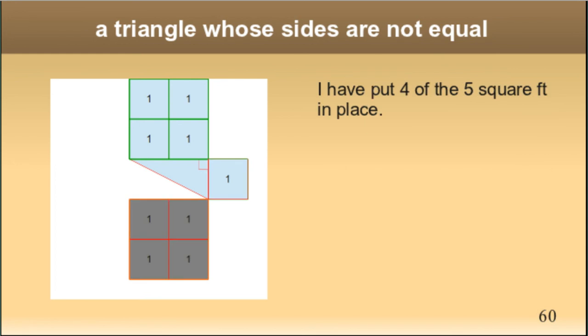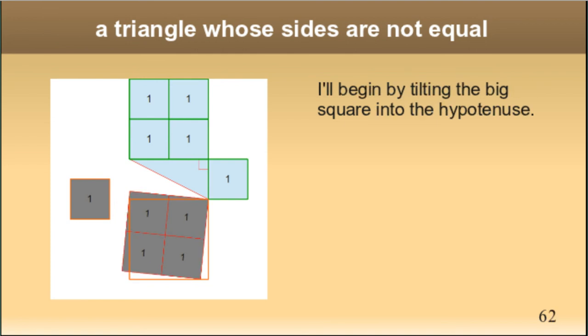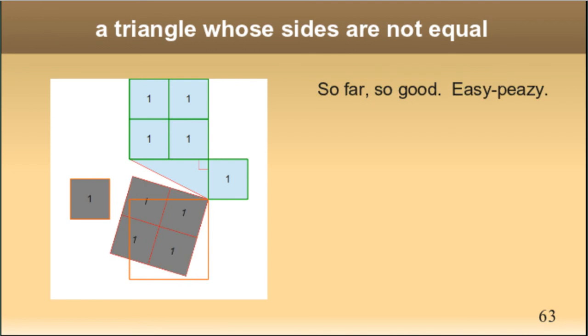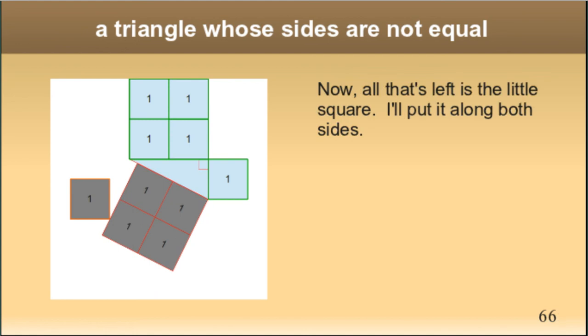Well, here's 4 of the 5 in place. Now, I got to make a single square out of all of this. And I'll begin by tilting the big square into the hypotenuse. So far, so good. Easy peasy. This is so easy. Almost done.